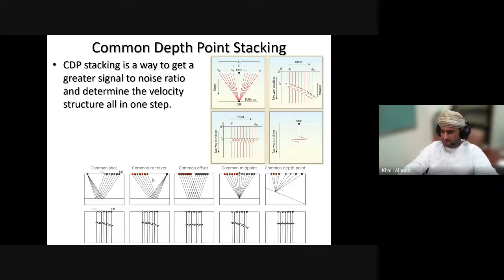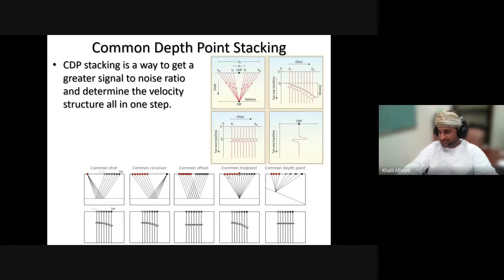It does not have many applications, common receivers, except probably in migration. This is a common offset. For this pair, the first red and the first gray, the offset, or the separation between source and receiver, is the same for all these pairs.